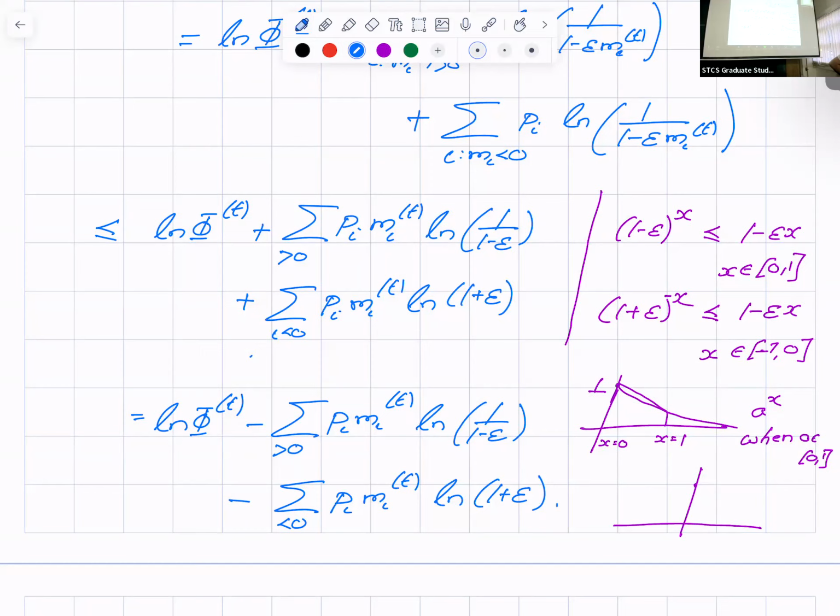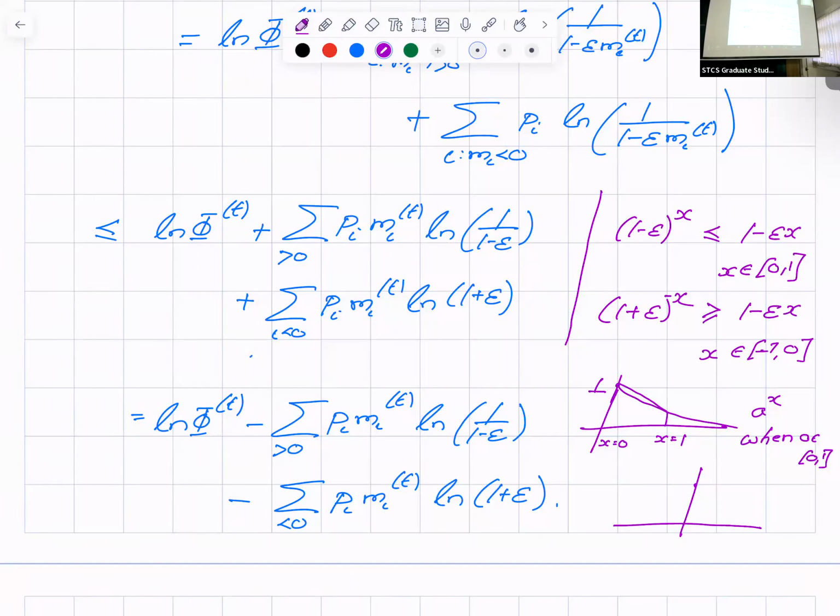And this follows from Taylor's expansion of 1 plus epsilon. That follows from Taylor. No, the quadratic term will be positive. Yeah, this follows from Taylor. But then does it go the right direction for me?